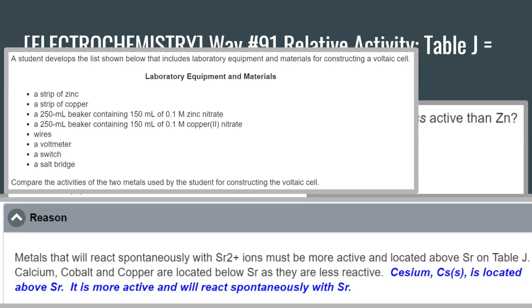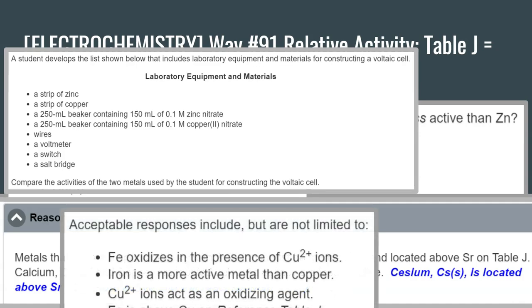The two metals listed are zinc and copper, and you'll find that zinc is much more reactive than copper. Therefore, zinc is more reactive than copper on table J. Therefore, zinc is going to transfer its electrons to copper.